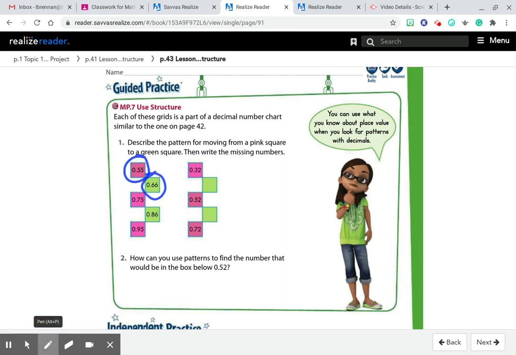So what do we notice about those values? If we take a look at that, we'll see that the tenths increase by 1 and the hundredths increase by 1 to go from a pink to a green. So we're increasing them both. We're adding 11 hundredths to each value.